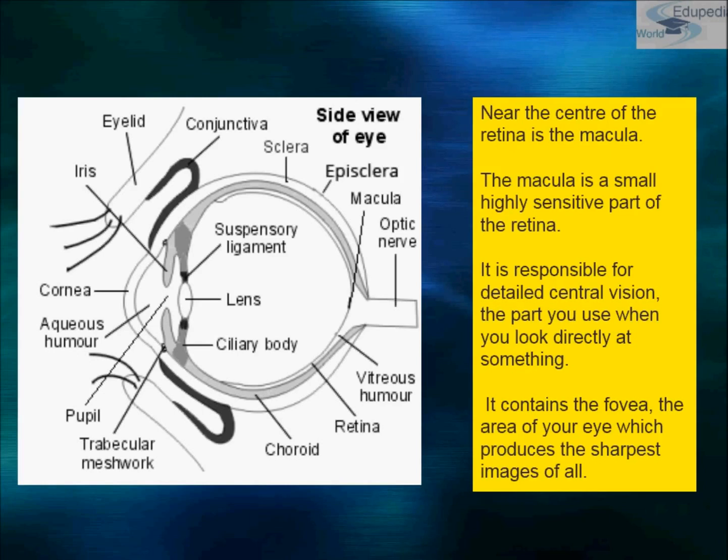It contains the fovea, the area of your eye which produces the sharpest images of all. So this is the macula, present near the center of the retina.